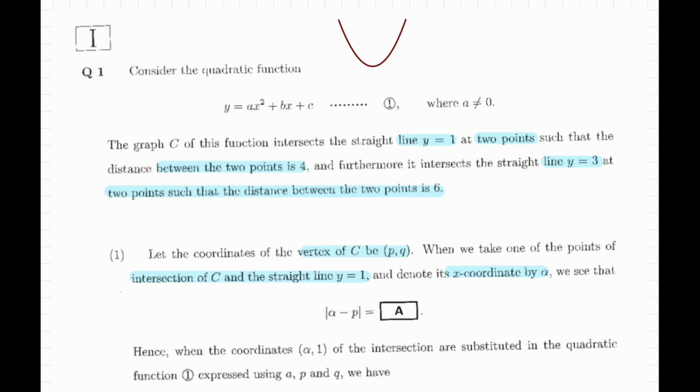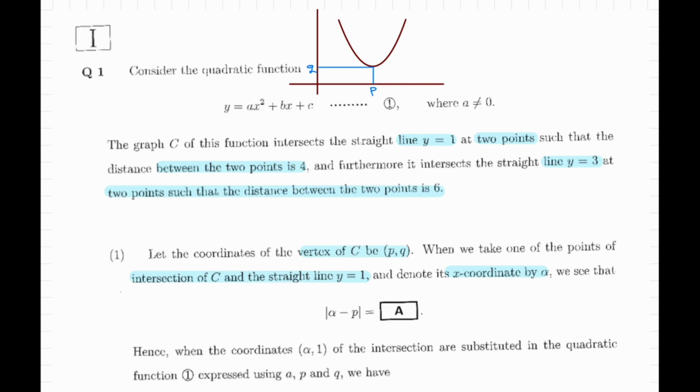So in this illustration, I will assume that the parabola opens upward like this, and then this is my y-axis, and this is my x-axis, and this is P, and then the y coordinate of the vertex is Q. So I assume like this.